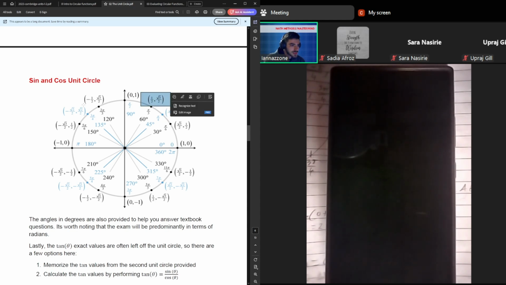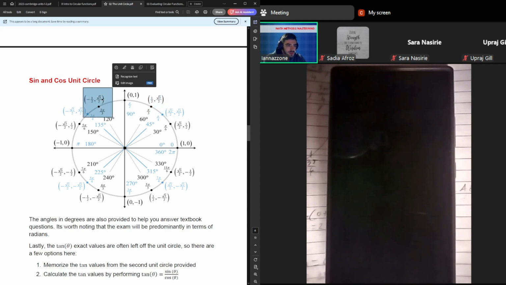The coordinates at those spots are just reflections of the coordinates that existed in the first quadrant. So if we consider this pi over 3 angle and this pi over 3 type angle, you'll notice that the coordinates are identical with one exception, the negative on the half. How you identify whether you have a negative or a positive simply depends on what quadrant it's in.